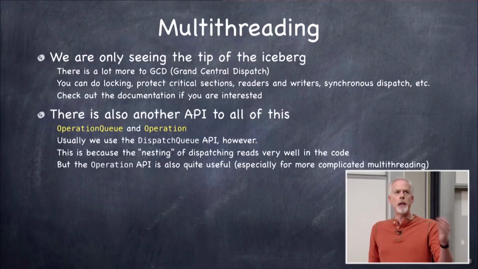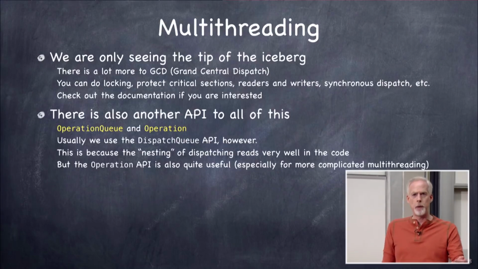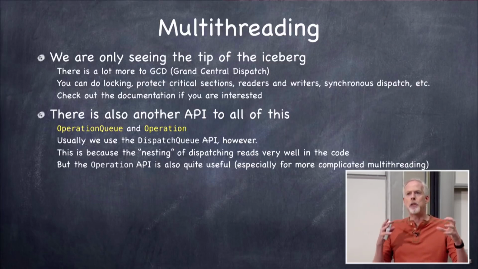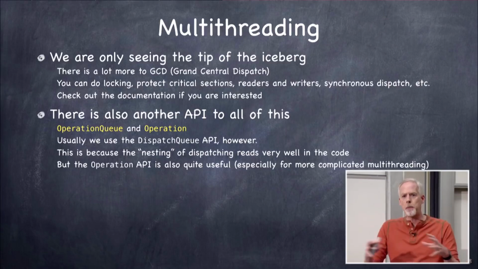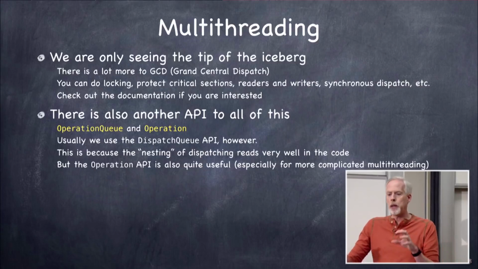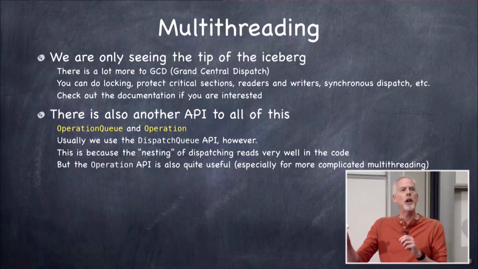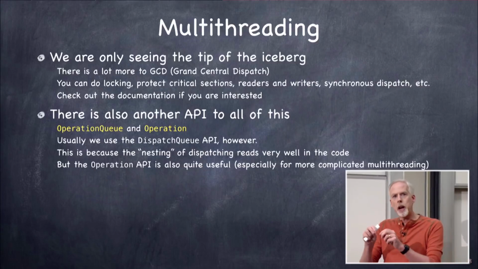There's a whole other API to this besides the dispatch queue API. I'm going to show you operation queue and operation, the two classes involved there. Those would be used if you're doing some huge mathematical equation that has a lot of parallel processing that you could do, but a lot of the parallel pieces depend on each other, because operation allows you to set up dependencies.